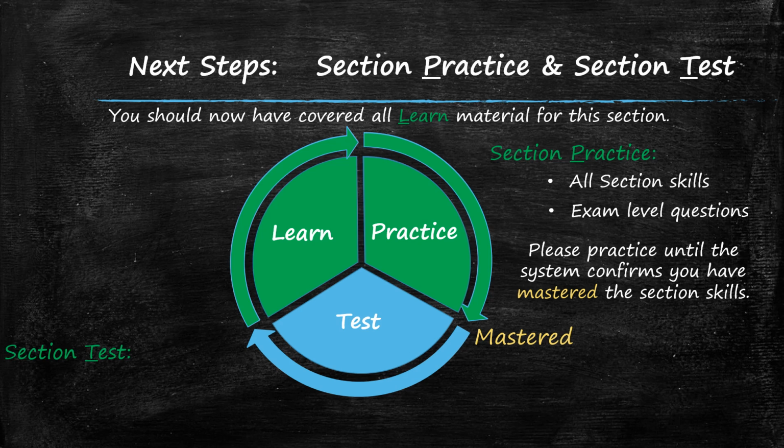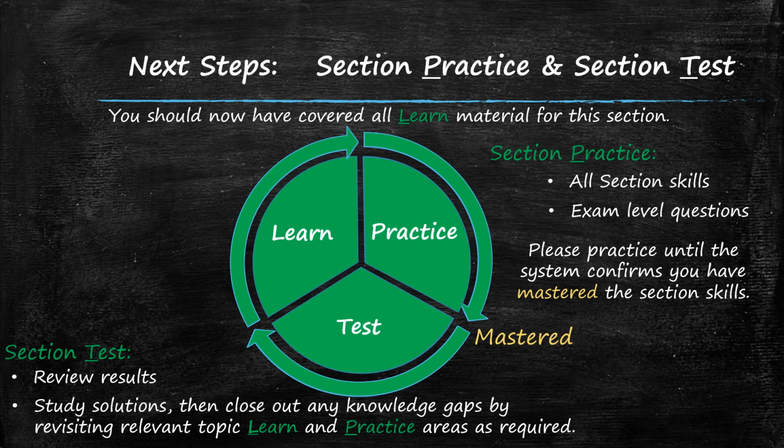Once you've completed the section test, you should review your test results. The system will mark your test and provide work solutions for all the questions taken. You should study the solutions in detail for any questions you happen to get wrong, and then close out any related knowledge gaps by revisiting the relevant learn and practice areas as required.